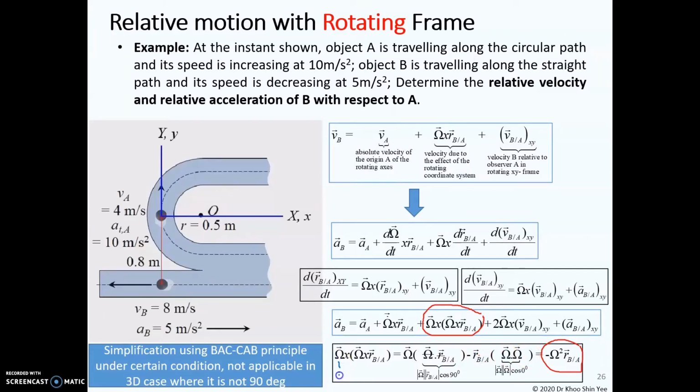Let the first vector be A, the second vector be B, and the third vector be C. Then you can compute this triple product to be B in the bracket of A dot C minus C in the bracket of A dot B. So substitute the ABC vectors inside, then you should obtain this. In this case, the ohm is in the negative K direction, and the displacement of B with respect to A is in the negative J direction, which is here.